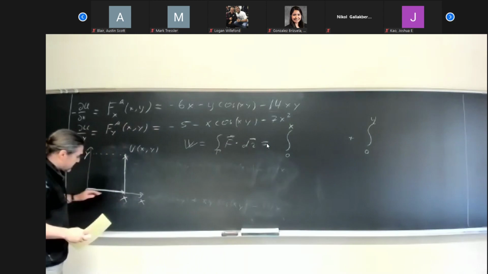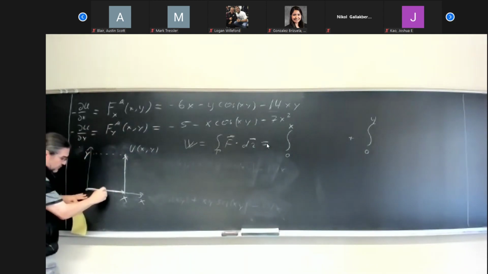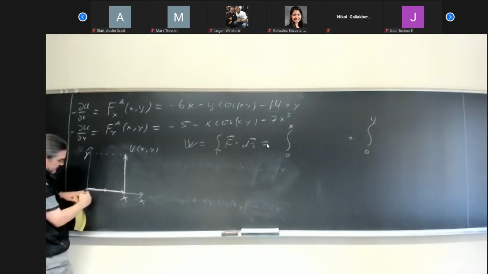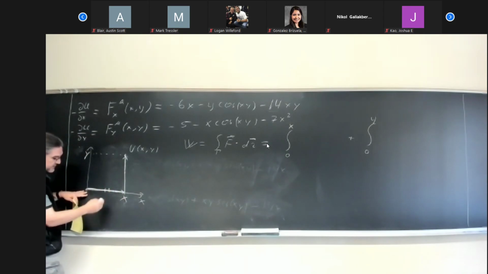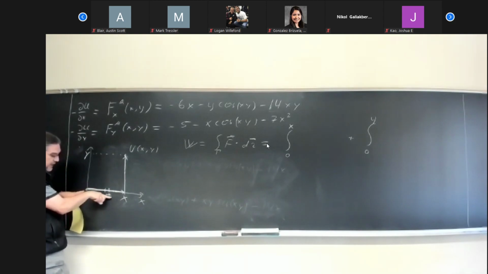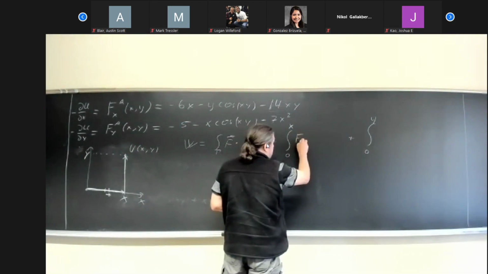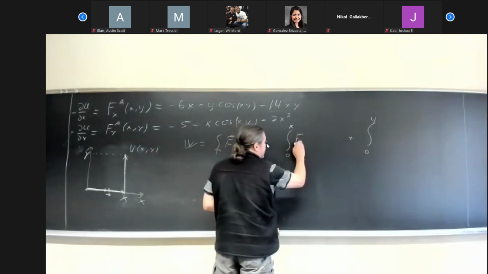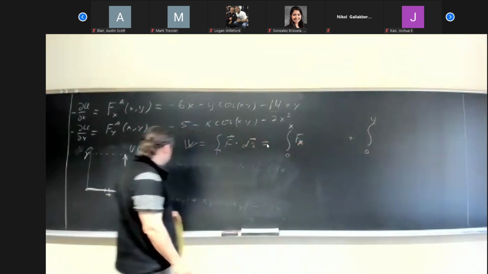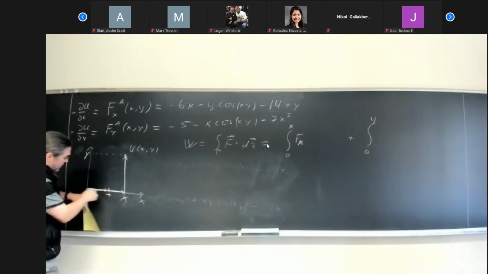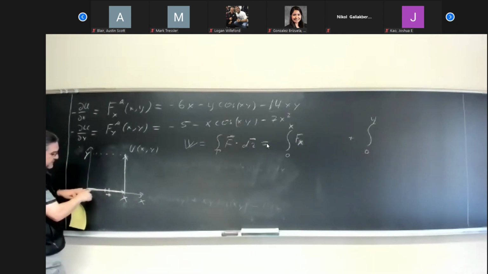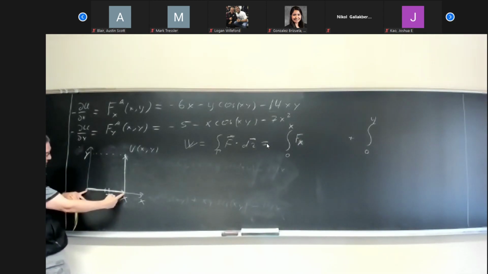Now, inside there, I need to split, for example, this segment of my path into little pieces. So here's my dr. Now I notice that dr has only an x component, so I need to write here f, the x component of the force. Everywhere on this interval, my y coordinate is 0.